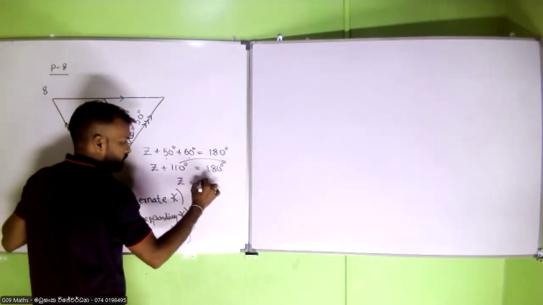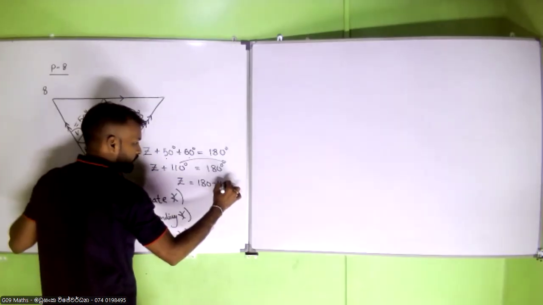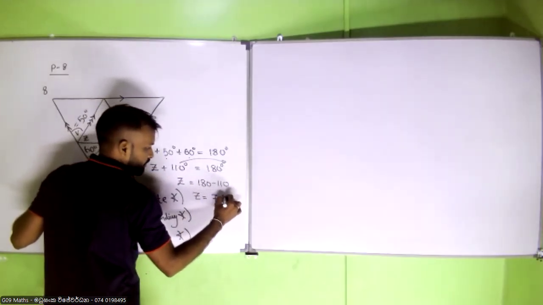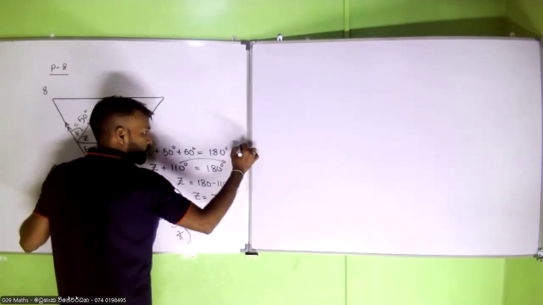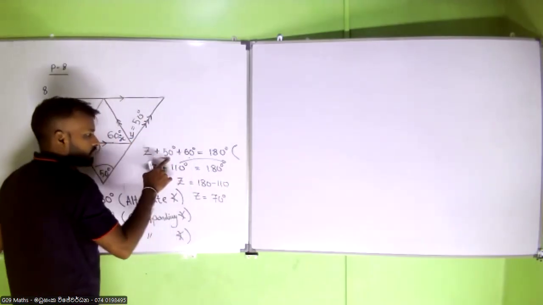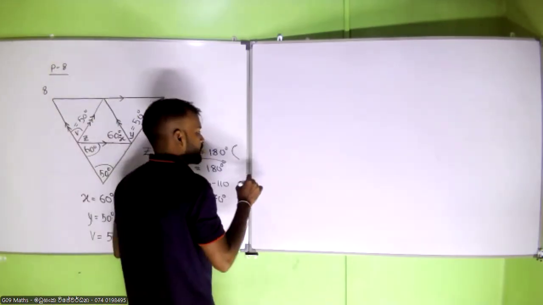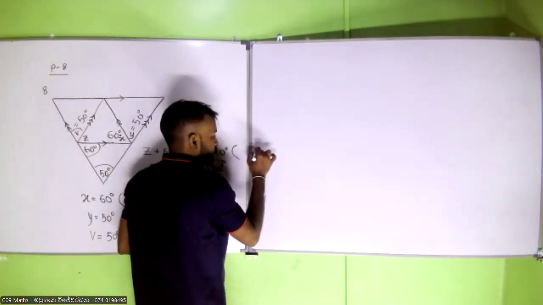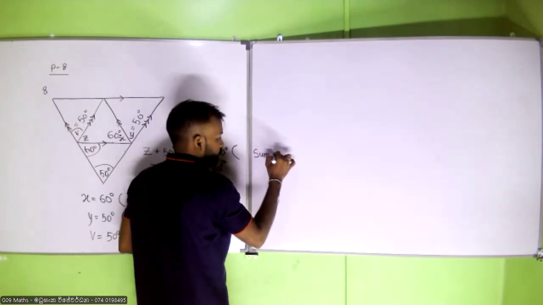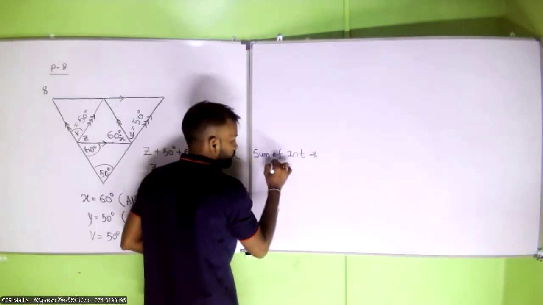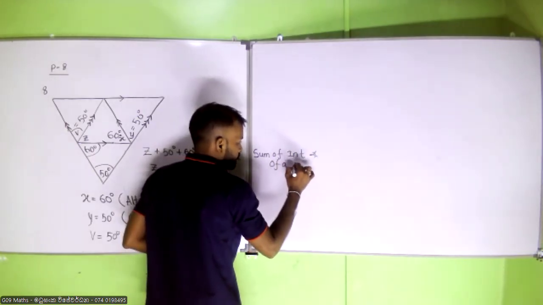Z is equal to 180 minus 110. Right? Z is equal to 70 degrees. Here you have to write down the reason. Right? Sum of the interior angles of a triangle.